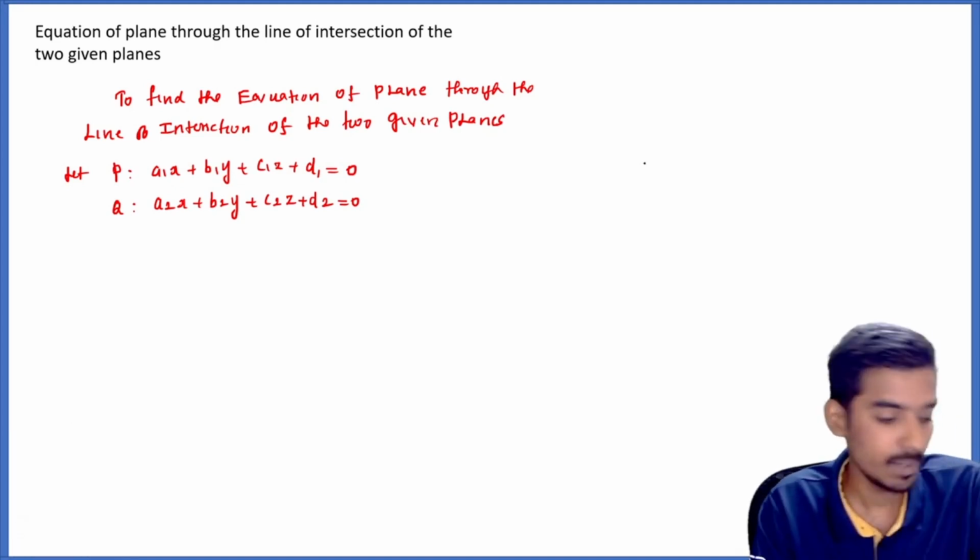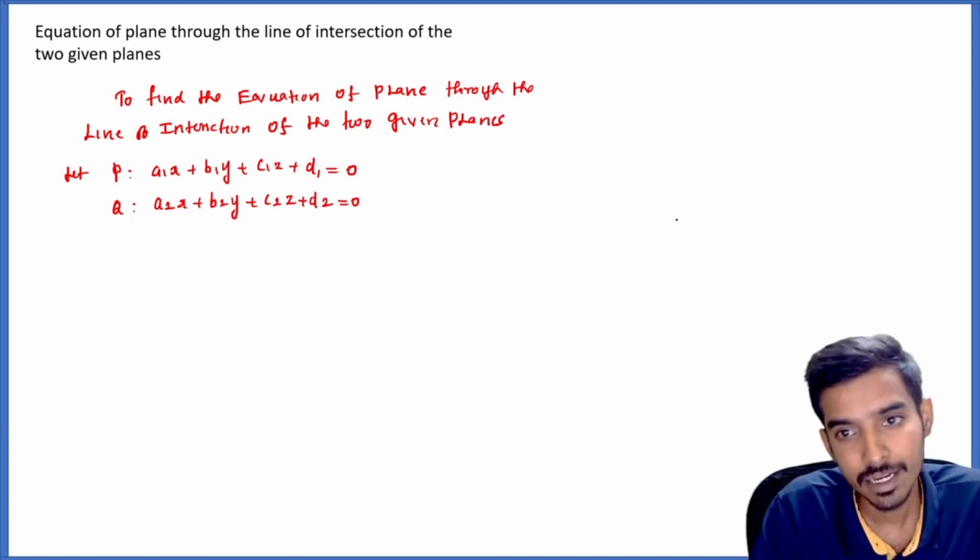Let me draw the diagram so that you will have more clarity. They will give two planes.